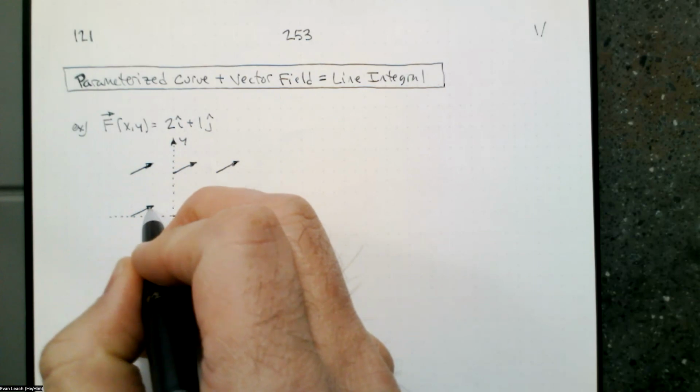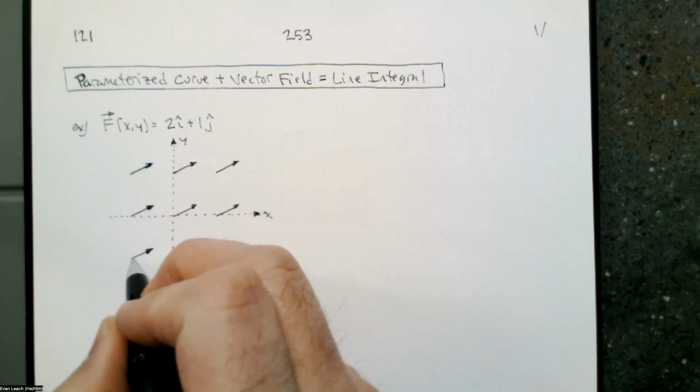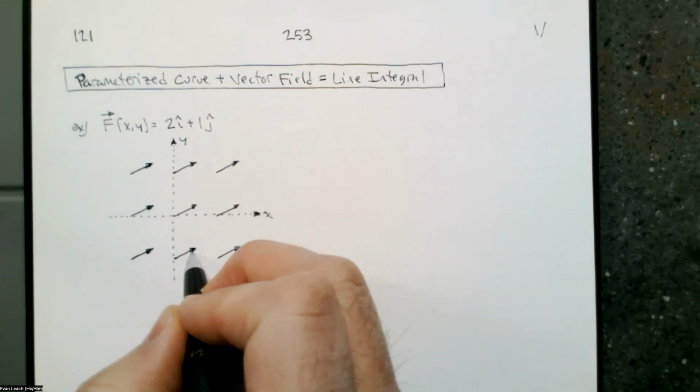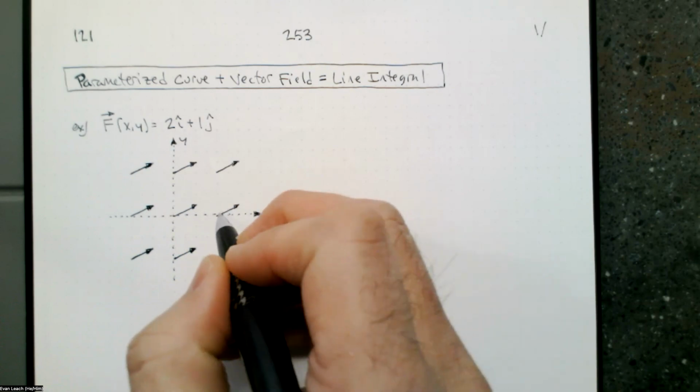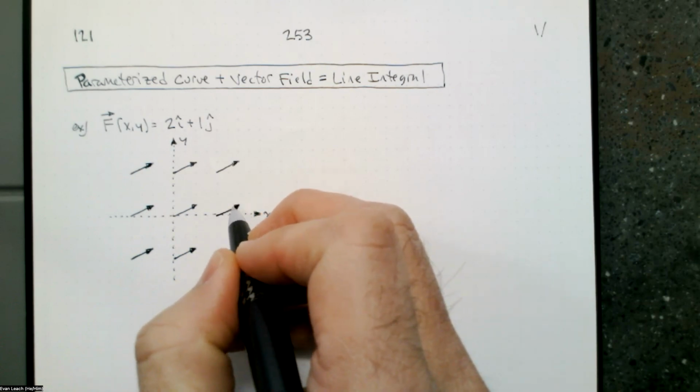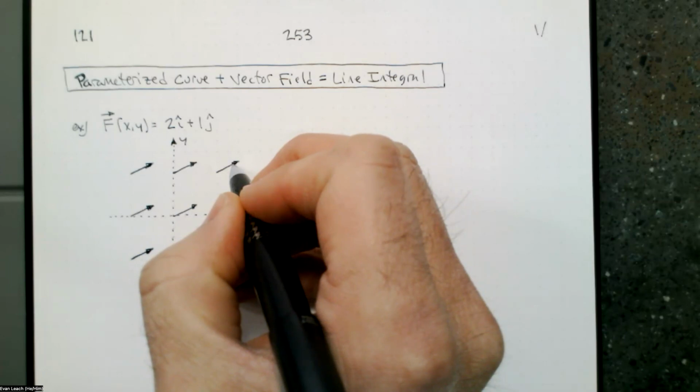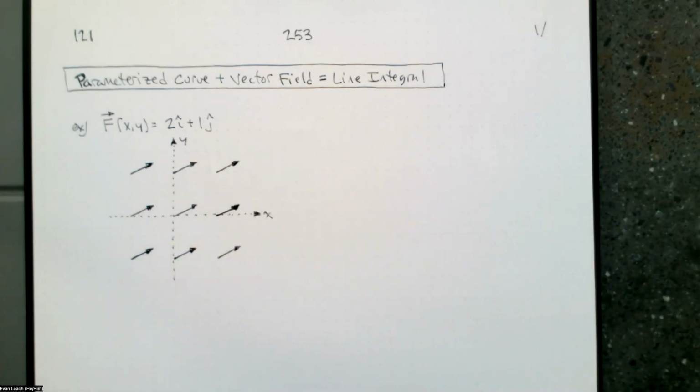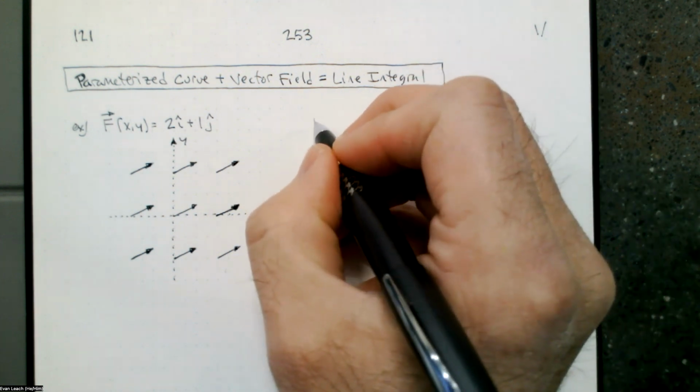All of a sudden, my arrows didn't look balanced. A little better. We care about two things when we're looking at a vector field.